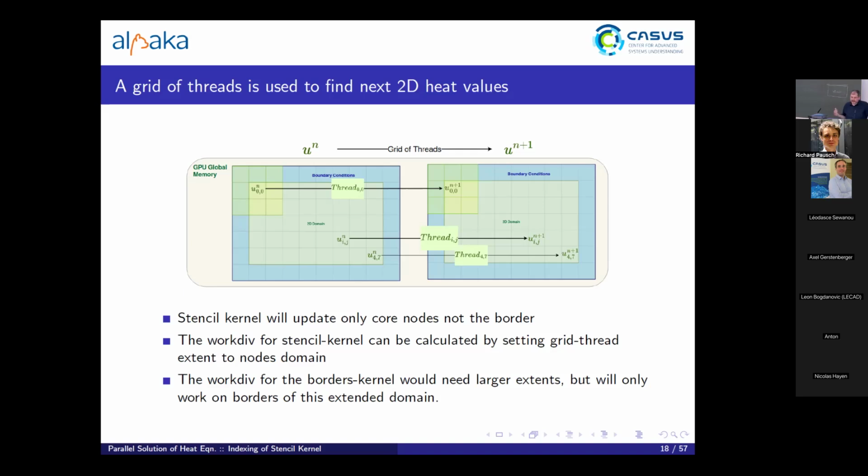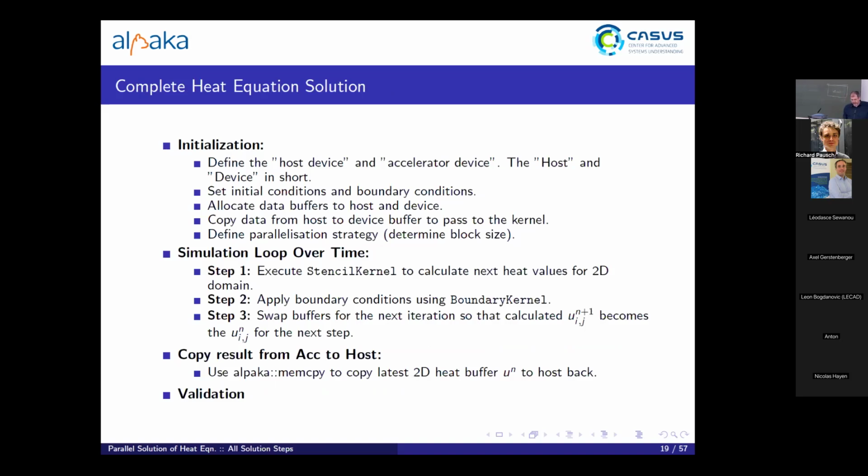What will be the grid size? It can be the nodes domain, all the data domain is going to be the grid thread extent of the work division. The work division for the border kernel would need larger extents, of course, because there is a border region. But in the hands-on, we are not going to write it.